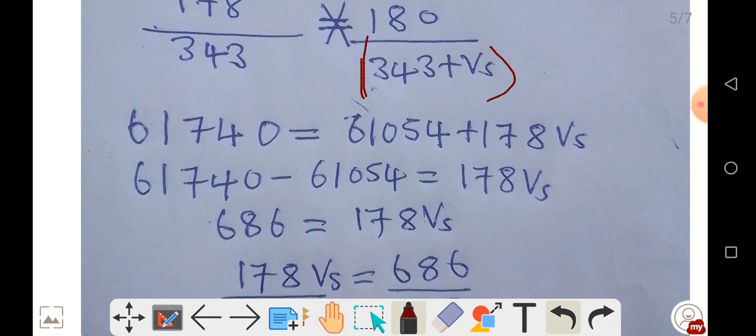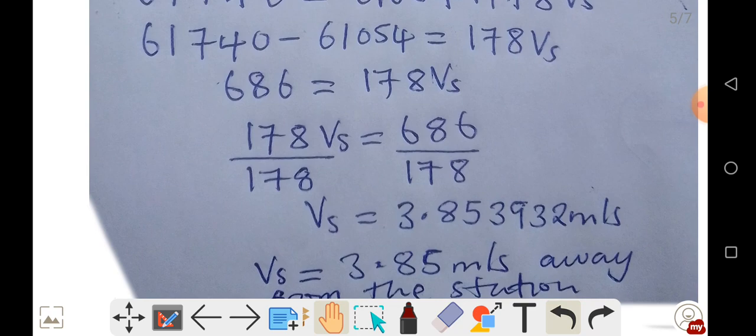At this point, we collect the like terms together. So this goes to the left hand side and becomes a negative. This is what we are getting here. Then when you subtract, you are getting 686. So you divide both sides by 178, as we have shown here.